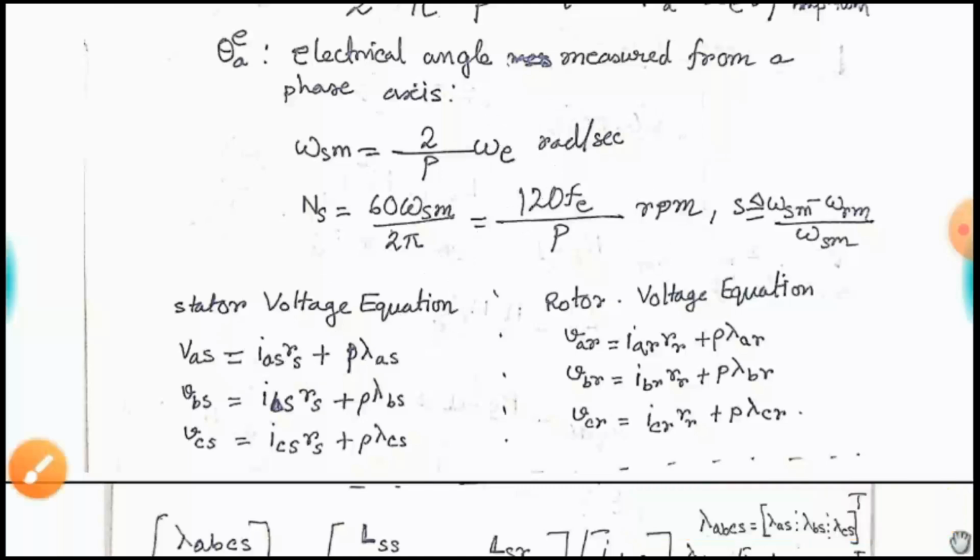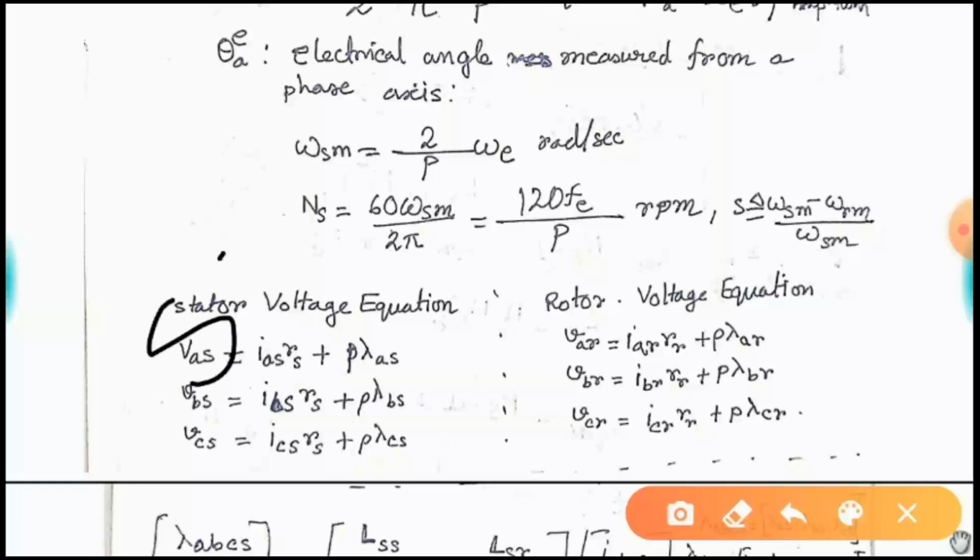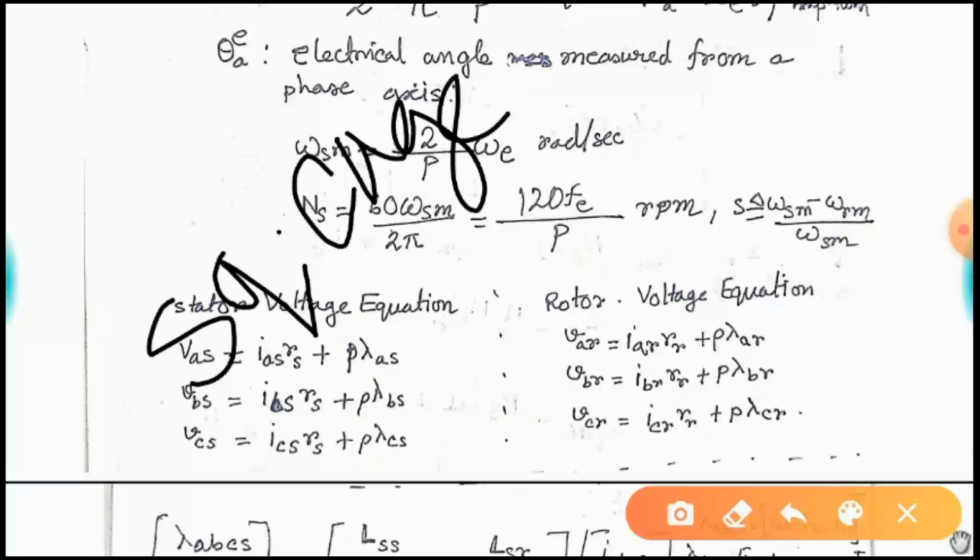Why? The answer is, as I have mentioned in your class, that we have two kinds of induction motor. One is squirrel cage, another one is slip ring.